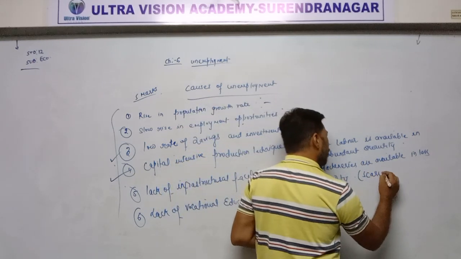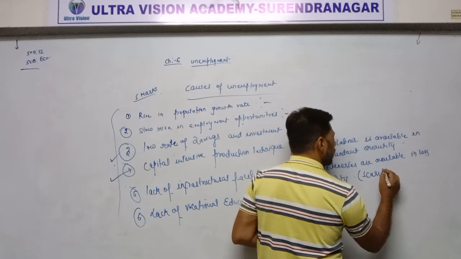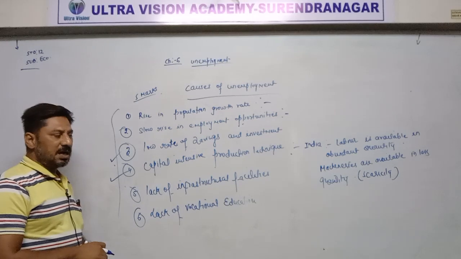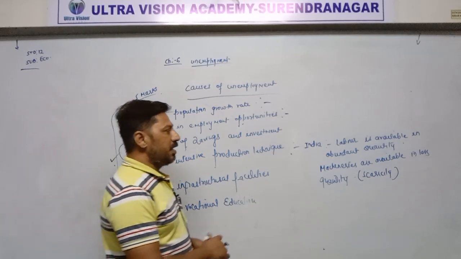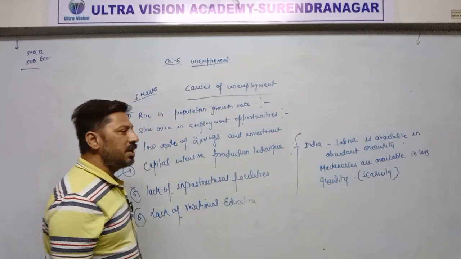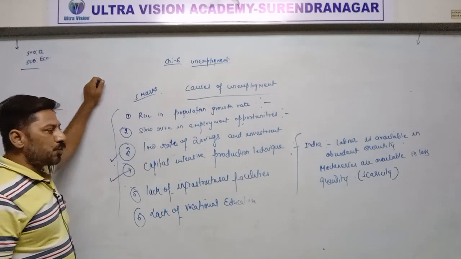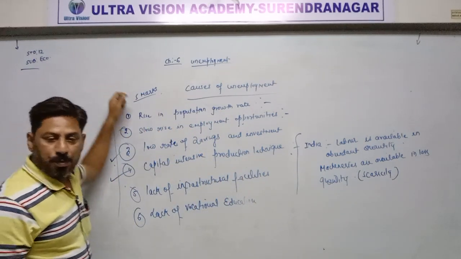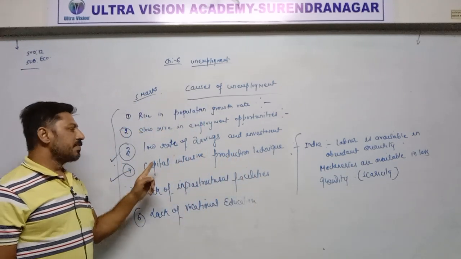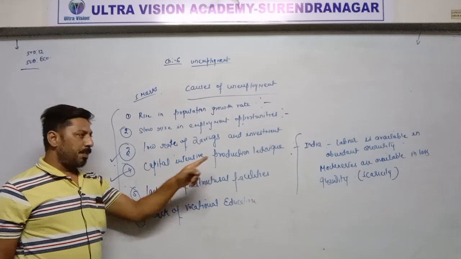There is scarcity of capital, but labors are available in huge quantity. It means if labors are available in abundant quantity, then government must focus on labor intensive production technique, not on capital intensive production technique.